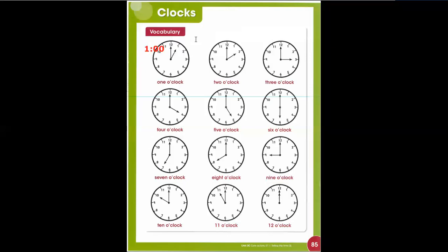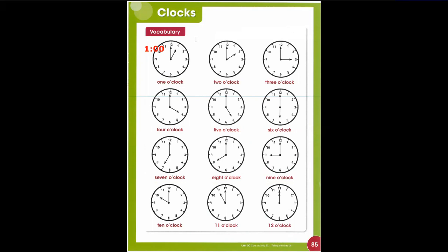Always write 1. When we want to read time, first of all, we are going to see the small hand. So the small hand is on 1, and the big hand tells us minutes, and it is on 12.